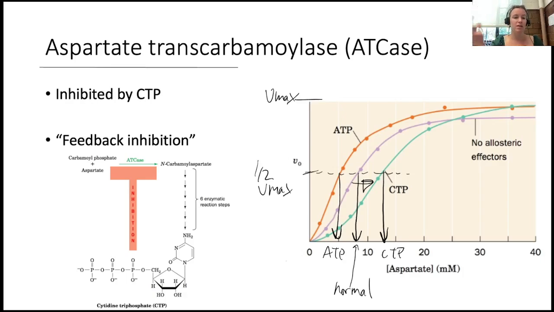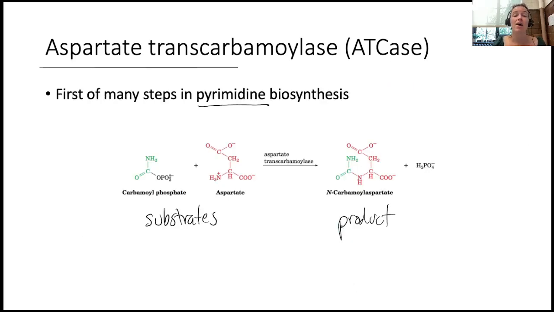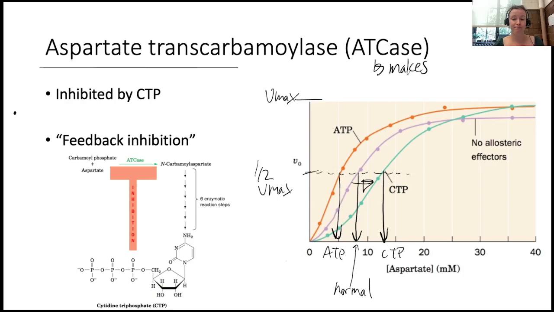Now, why does it make sense that CTP would inhibit the enzyme ATCase? What is our conceptual understanding of why this should happen? Well, let's remember that ATCase is the first enzyme in the process that makes pyrimidine nitrogenous bases. CTP is a pyrimidine.